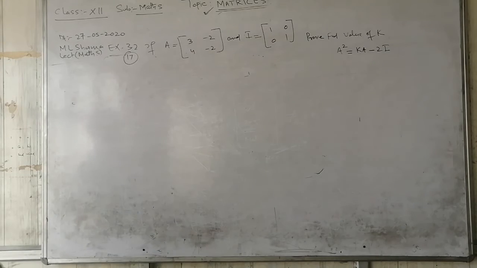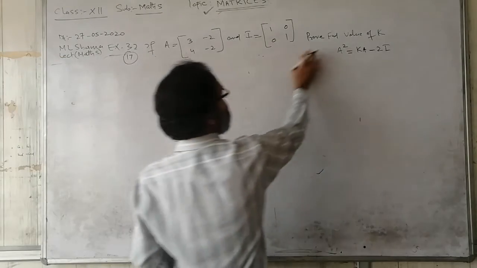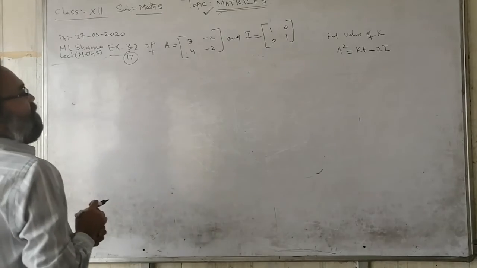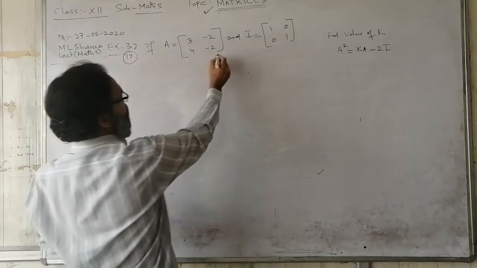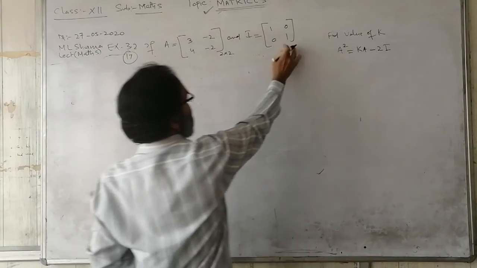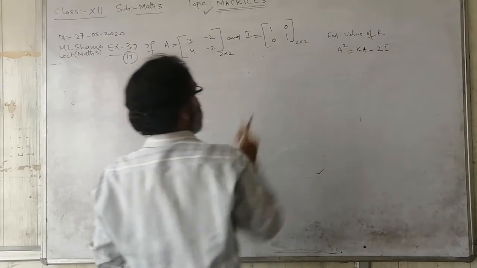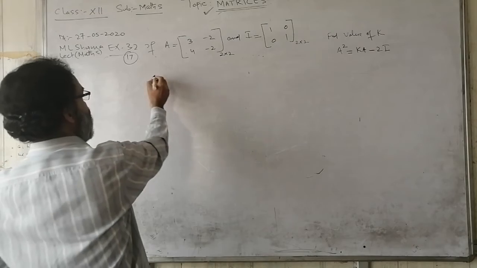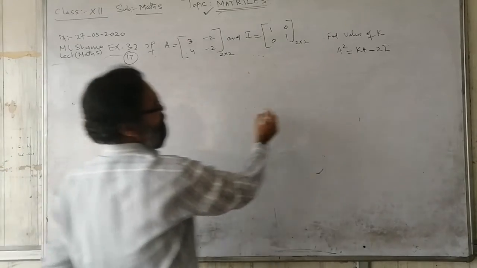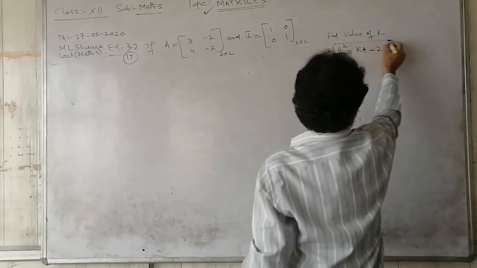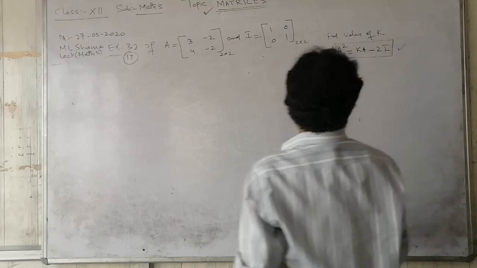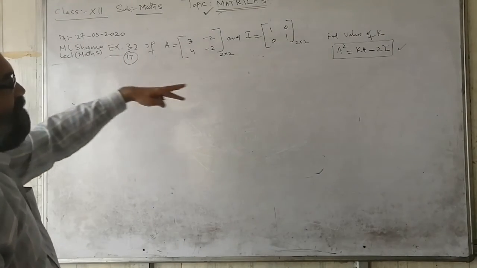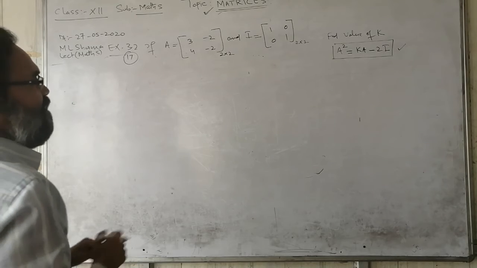So how we can find its value? A is given 2 by 2, identity matrix, again 2 by 2, 2 rows 2 columns here, 2 rows 2 columns here. So I have to find the value of A square. So this equation is given. So using this equation, value of K I have to find.